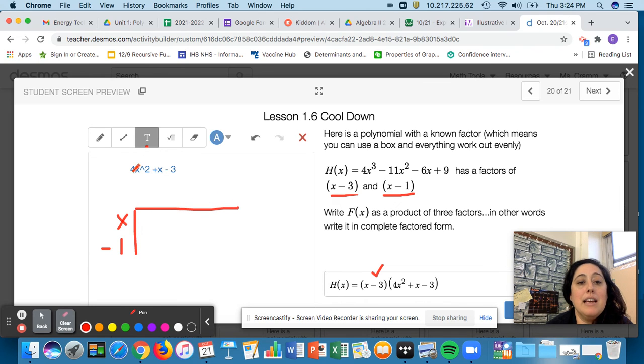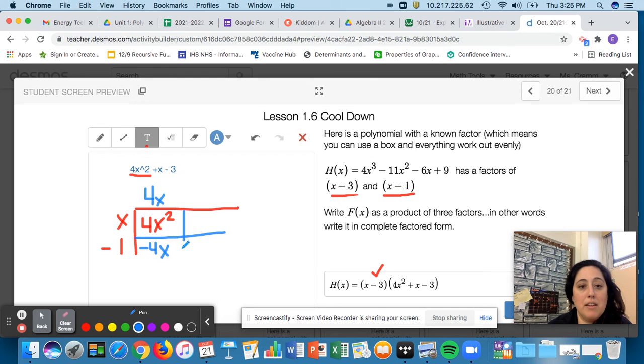Okay, and again, my top left-hand corner is going to be filled with the first term, 4x squared. Okay, and now I get it cranking from there, right? So x times 4x would give me 4x squared, right? 4x times negative 1 gives me negative 4x.